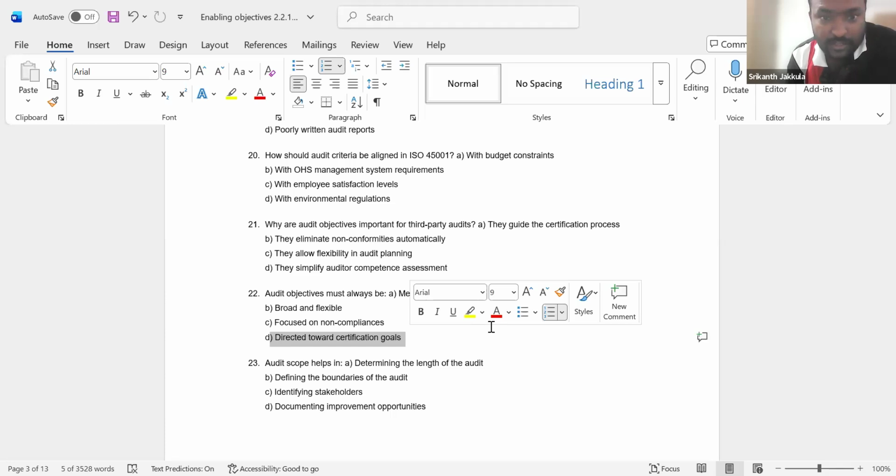They gave A as the answer for 21. Okay. But 16th answer also? The 16th is B, to adjust based on audit findings. So maybe the answers are wrong, but I am not agreeing with A, sir. They guide the audit certification process. It is not acceptable, sir.